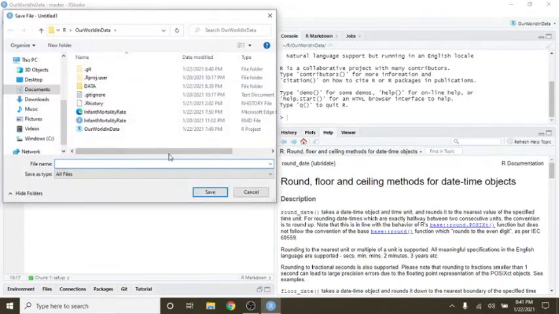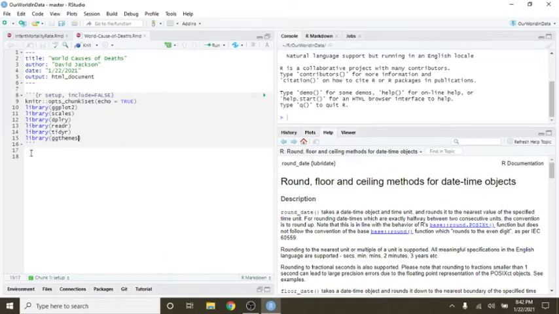Okay. So first, let's grab a little data here.